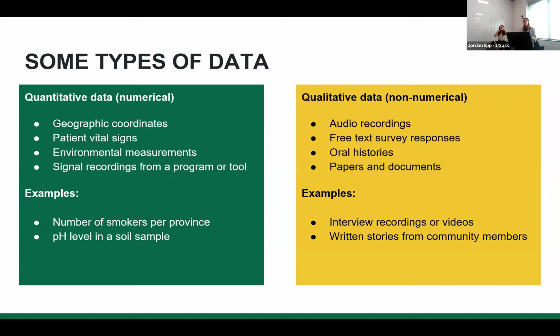Qualitative data could be things like audio recordings, free text survey responses, oral histories, papers and documents. Specific examples could be interview recordings, video or audio, and written stories from community members.